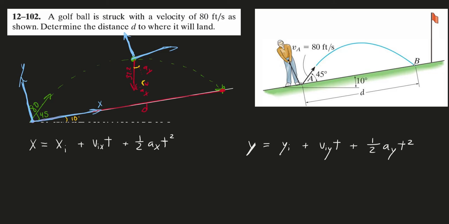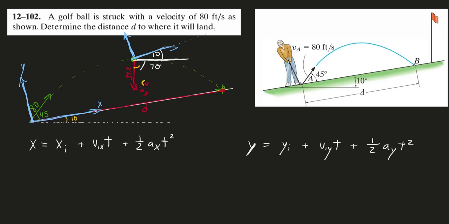I'm going to draw just an imaginary horizontal line here. Now I'm going to remember that our x-axis is in the same direction as that incline, which makes this angle here 10. And now I recognize that my positive x-axis and my negative y-axis form a 90-degree angle, which means this angle right here must be 70.